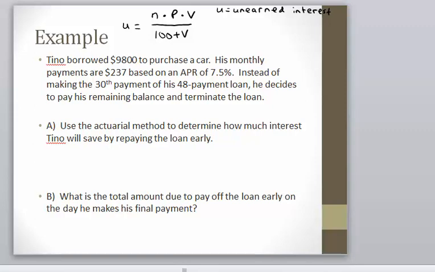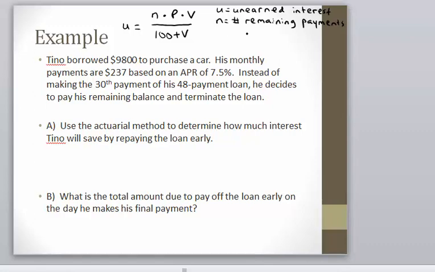The N is the number of remaining payments, and we want to note that this excludes the current payment.